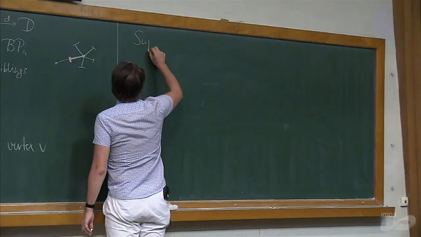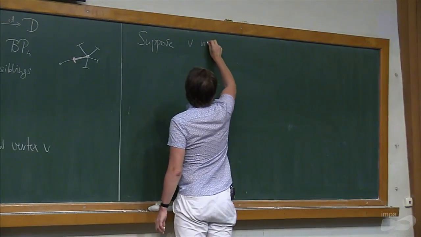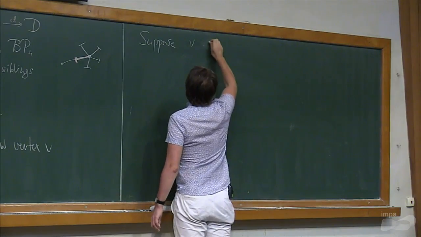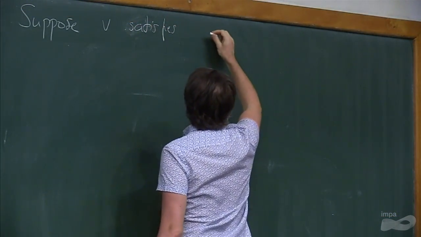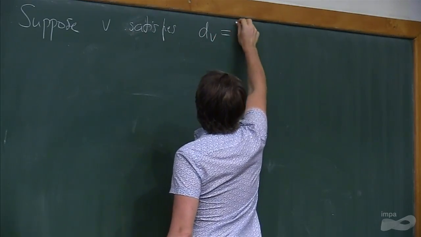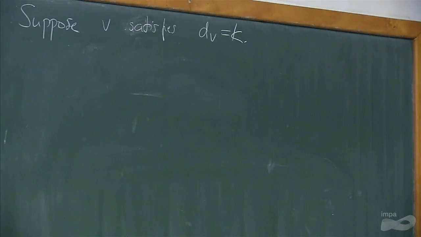So suppose we have a vertex that satisfies that its degree is large, whatever that means. I'll just write it as k. Now you can ask the question, what is the highest degree vertex to which this vertex is connected?